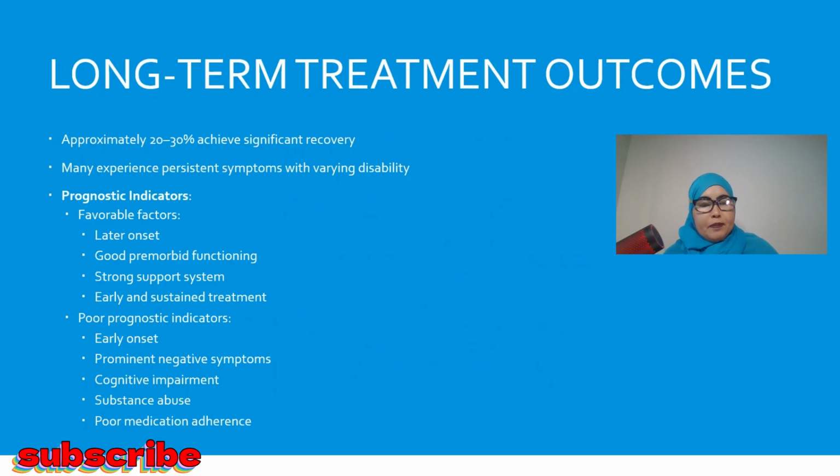Long-term outcomes: approximately 20 to 30 percent achieve significant recovery. Many experience persistent symptoms with varying disability. Prognostic indicators: favorable factors include late onset, good pre-morbid functioning, strong support systems, and early and sustained treatment.